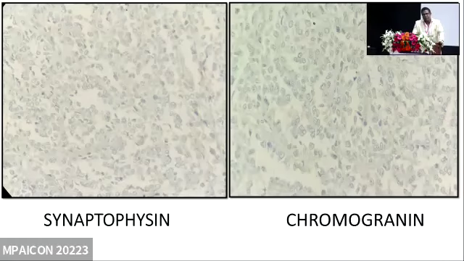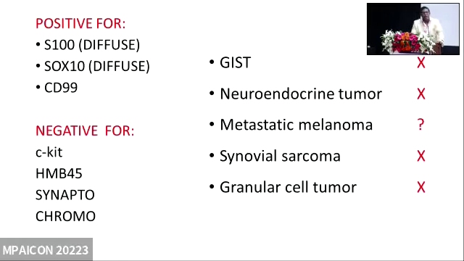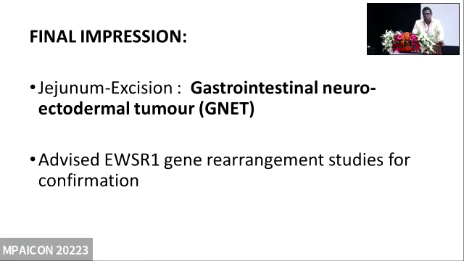So what are we looking at? It's positive for S100, SOX10, both diffuse, CD99 positive, while almost all other relevant markers were negative. So what is in and what is out? Is melanoma still in? After quite some searching in the literature and looking at the morphology, the final impression which we rendered was gastrointestinal neuroectodermal tumor.